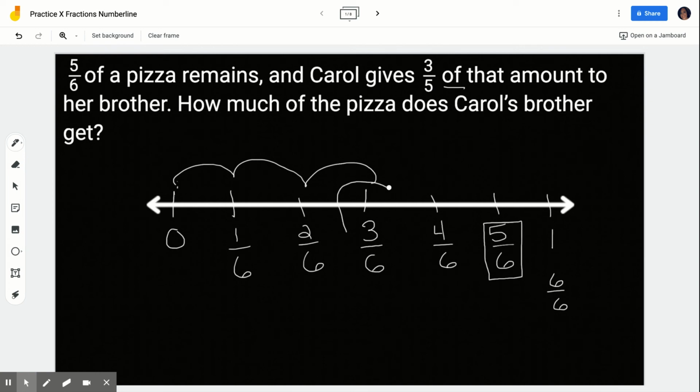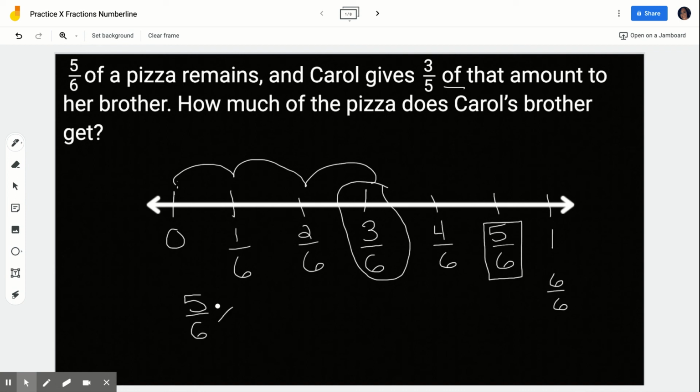So it says, how much pizza does Carol's brother get? Well, he gets 3/6 of the pizza. So let's check our thinking. Since we've already used the algorithm for multiplying, we're going to check our response here.